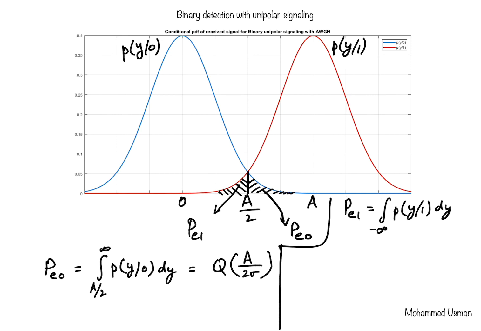Let me write that clearly. To a by 2. So that's the error probability for when a 1 is transmitted. Now, because it is not centered on 0, we need to shift this to the left by A to make it centered on 0.